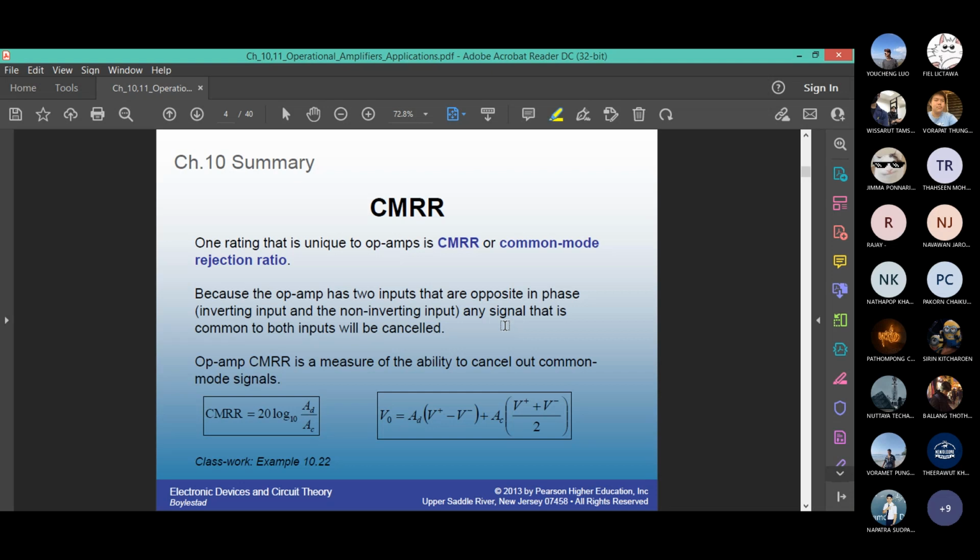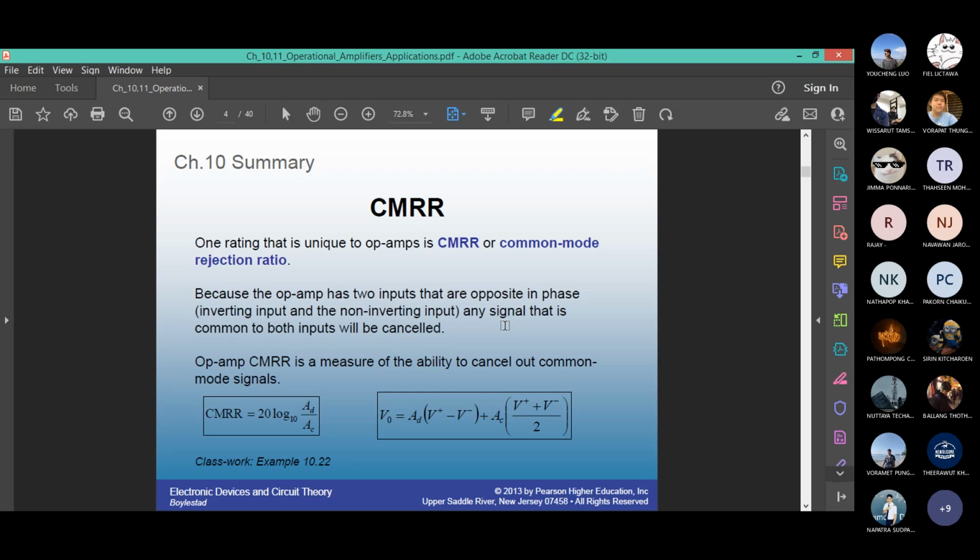And then in common mode, if your input voltage is 10 millivolt and your output voltage is, let's say, 15 millivolt, you have a common mode gain of 1.5. If you look at the equation on the bottom right hand side, Vout, this is the output equation of the op amp.